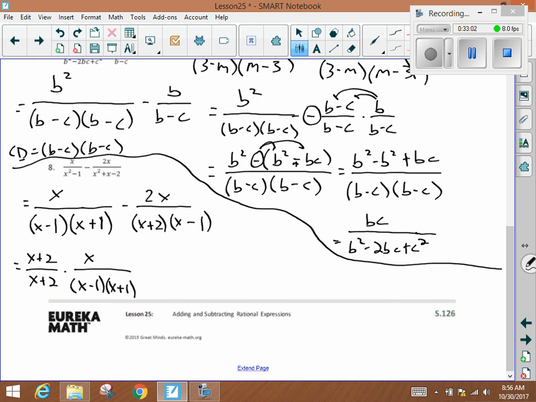And I'm going to write it over here. Our common denominator is x minus 1 times x plus 1 times x plus 2. But thankfully, I think a lot of things are going to cancel out.